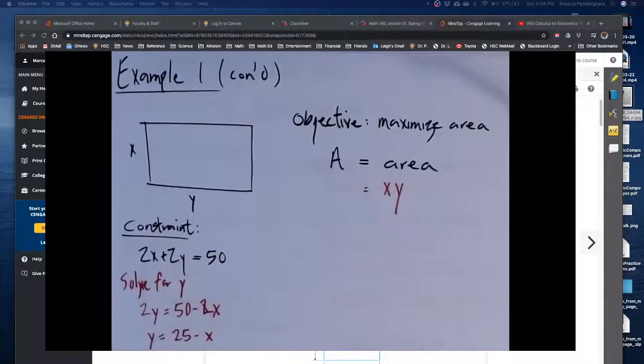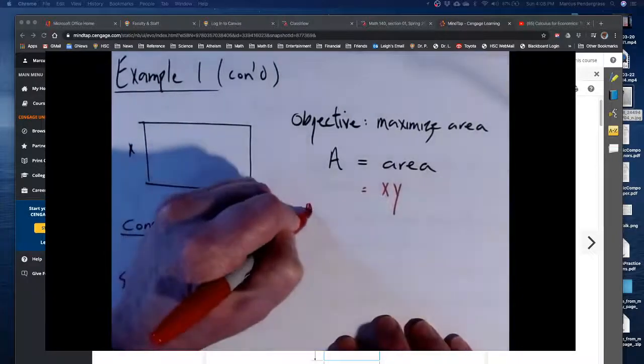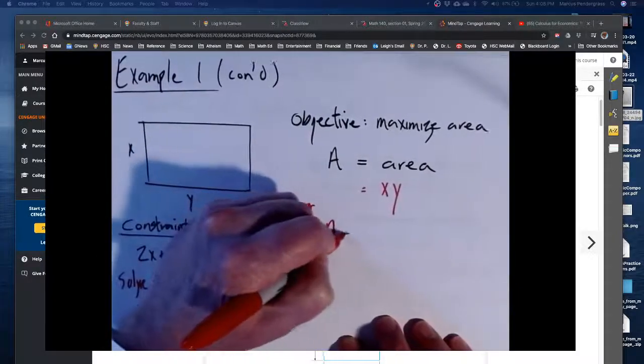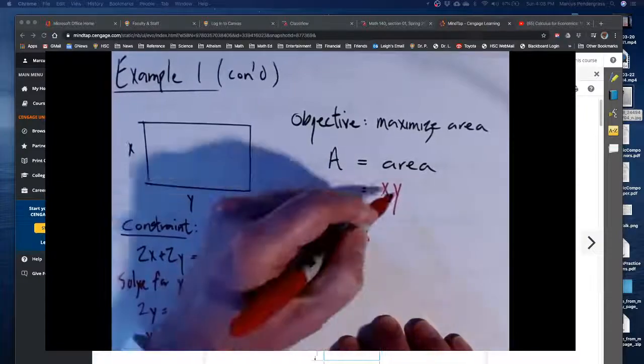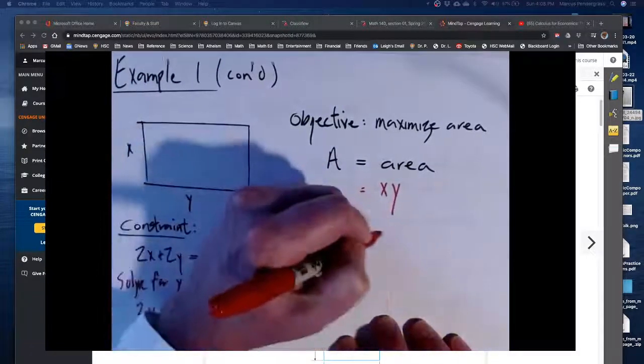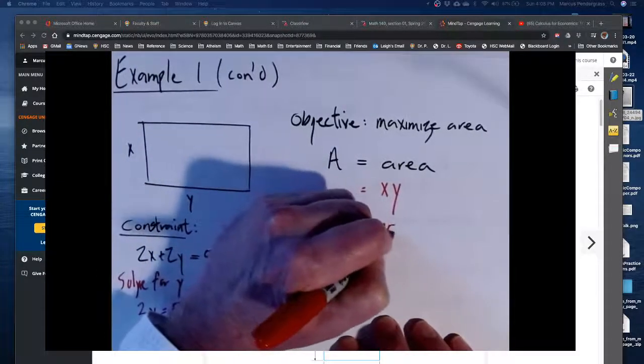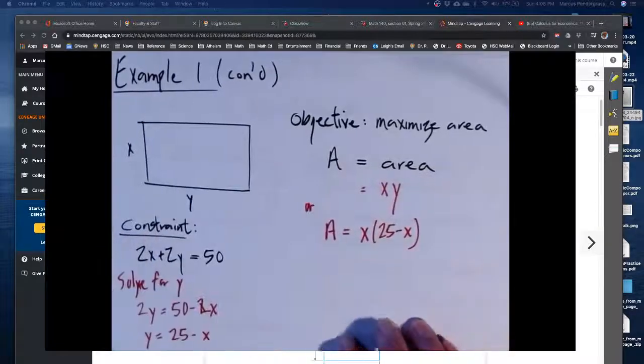Knowing that, I could go ahead and say that my area function is x times y, but y is 25 minus x, so I would have that. And now that area function is a function of x alone, and I could at least try to use the calculus that I know for functions of x to find its maximum or minimum.